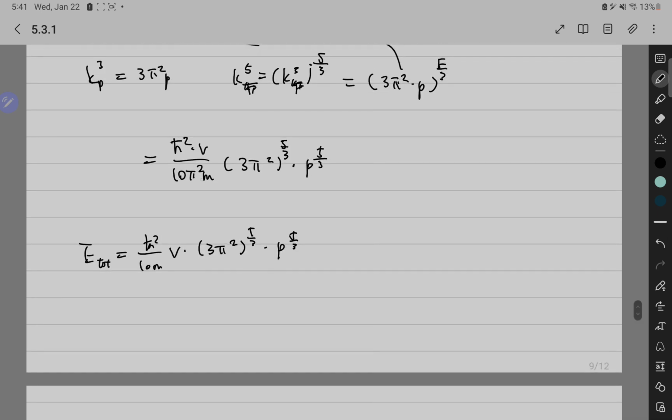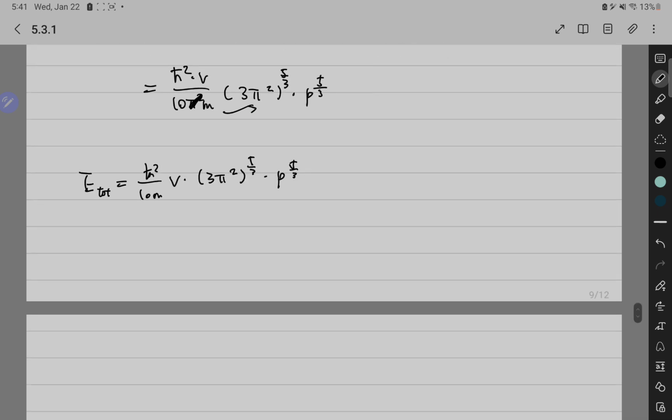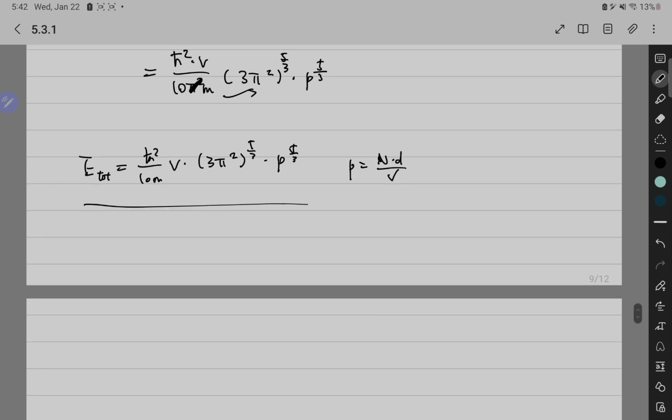And by the way, I think there was no pi squared here because it moved into it. So let's continue with this. This is the total energy, and the p here again stands for the free electron density. So if we substitute p equal to N d, the number of atoms times the free electrons over the volume, into this equation, I think this is the final form that the textbook had.